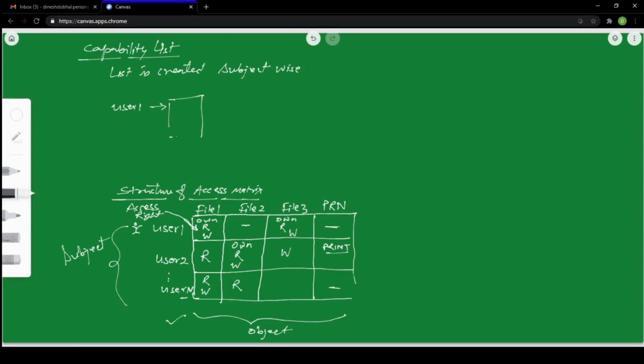This is the first block, which is representing the object, that is the file 1, and this block is linked with the second object, that is file 3, and here we will have null.